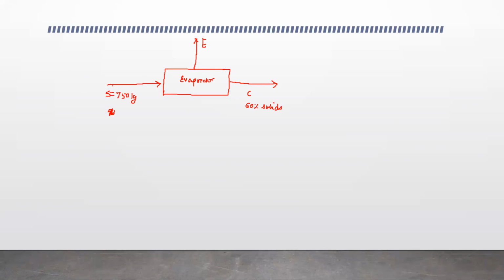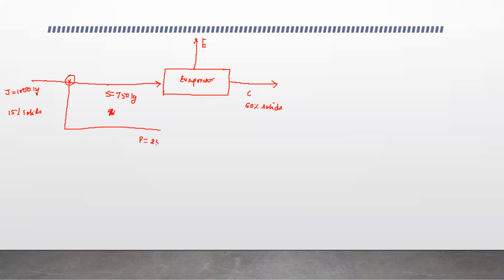We got the strained juice from 1000 kg of juice, which contained 15% solids. So it got divided into, suppose here there is a strainer, strained juice and pulpy juice. I'm taking the bypass stream from the bottom. So I have pulpy juice here.